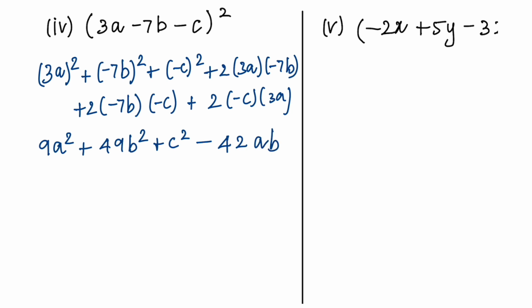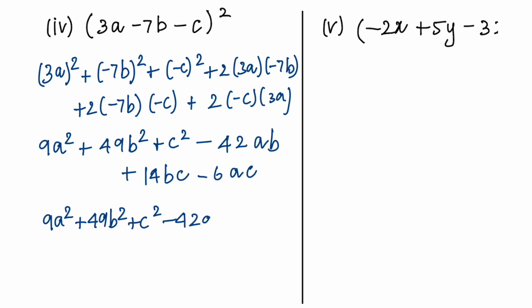So 42ab, and next we have plus 2 into 7 which is 14, so 14bc, and the last term is 2 into minus 1 into 3, so that is going to be minus 6ac. Okay, so that is all the terms. So it's 9a squared plus 49b squared plus c squared minus 42ab plus 14bc minus 6ac. Okay, so that is the answer to this question.